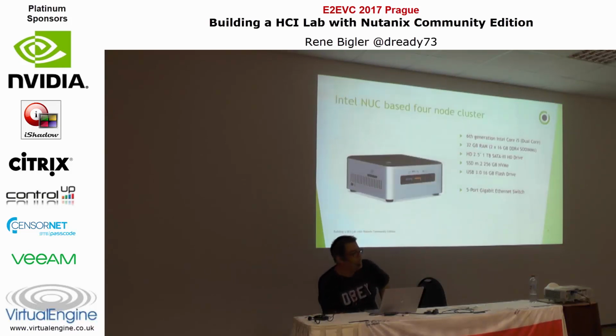So my setup is based on 4 of these Intel NUCs, 6th generation. I didn't have the money to build it on top of the latest Skull Canyon devices, but I also wanted to see how it works with spinning disk and SSD.